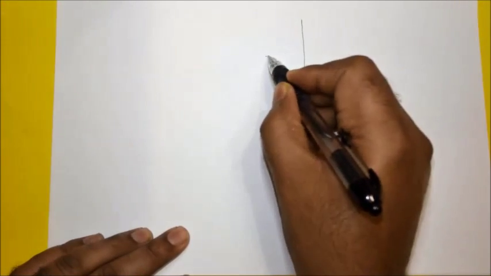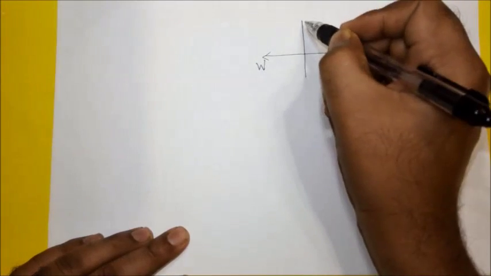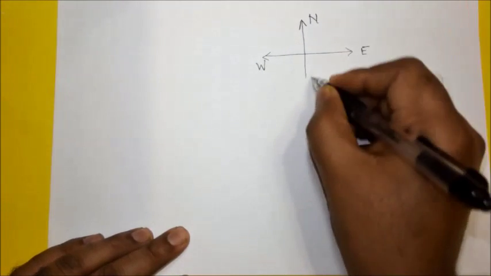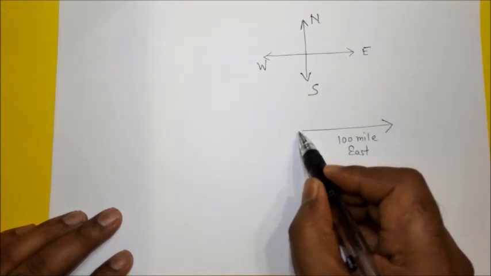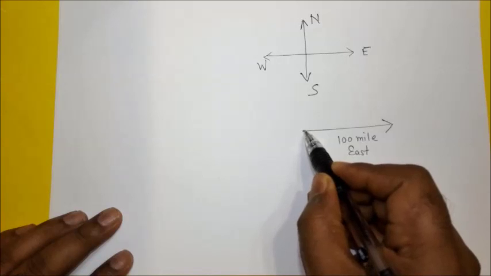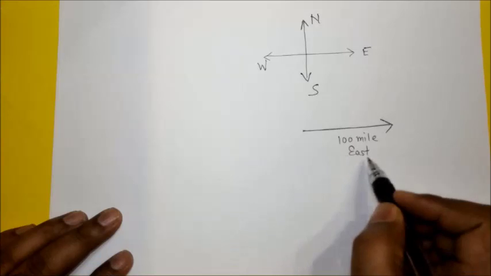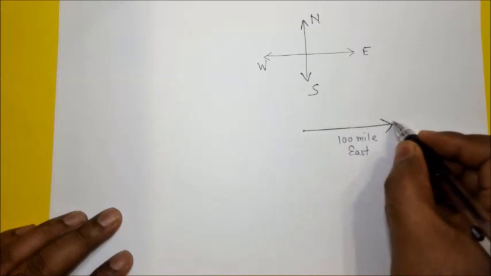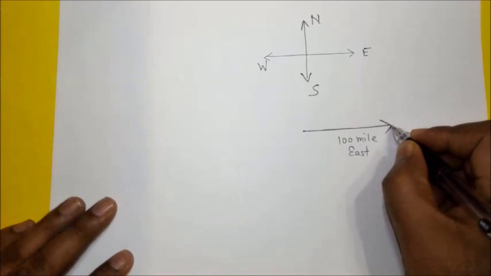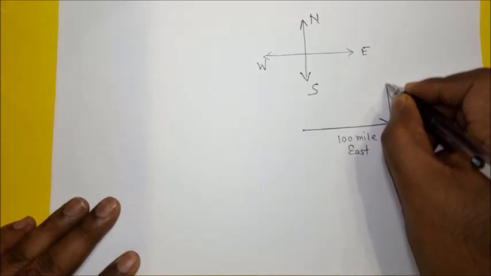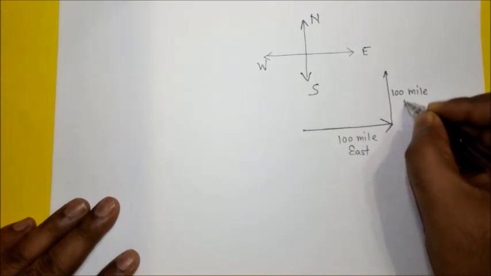Let's see another example. Suppose I draw the directions east, west, north and south like that. Suppose someone is driving a car and he goes 100 miles towards east, and then another 100 miles towards north.